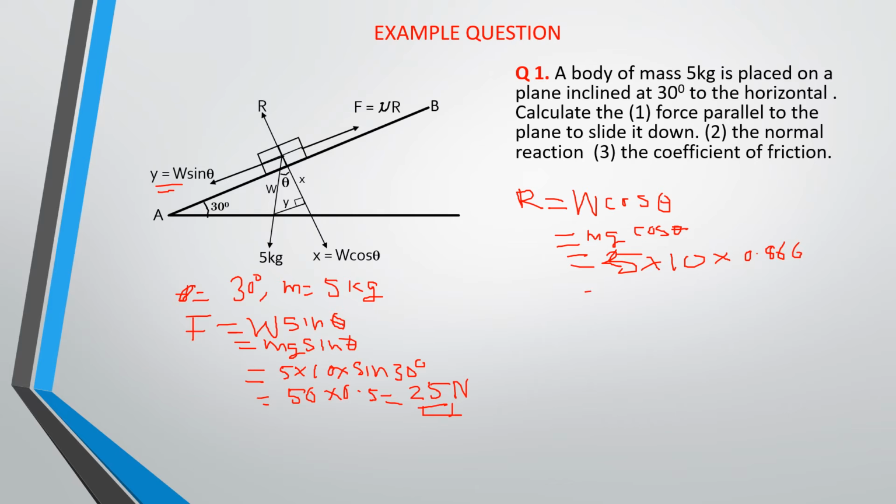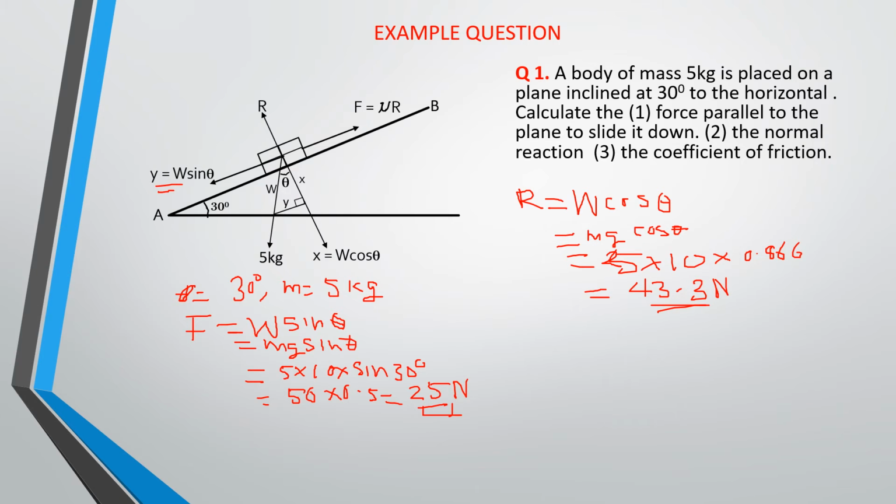Okay, so that gives you, when you multiply all these out, 43.3 Newton. So it's as easy as that. Just know which of the equations to apply. So this gives you the normal reaction.